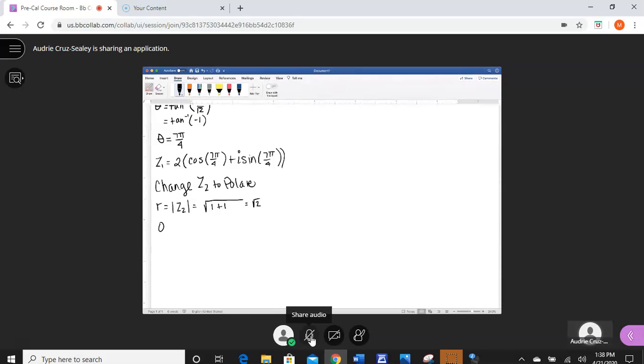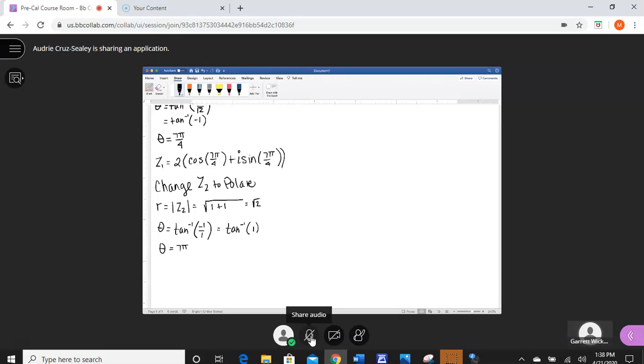And theta would equal tangent inverse of negative 1 over 1, which is still... so we get 7 pi over 4 again, don't we?